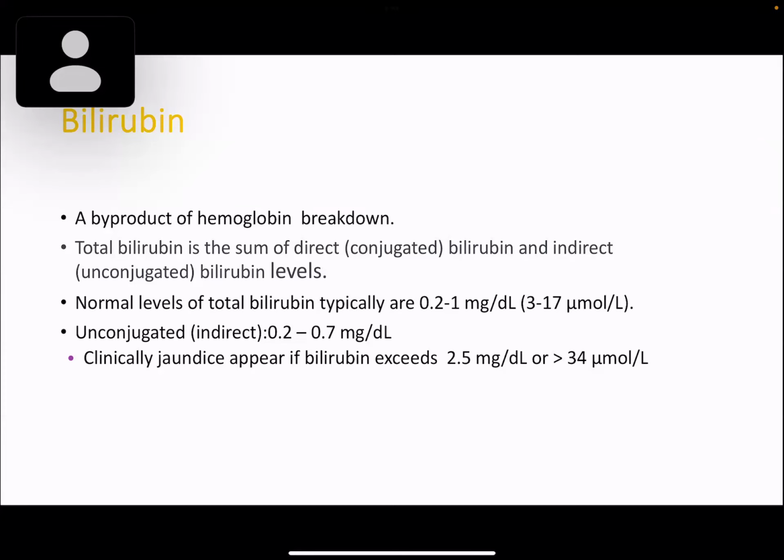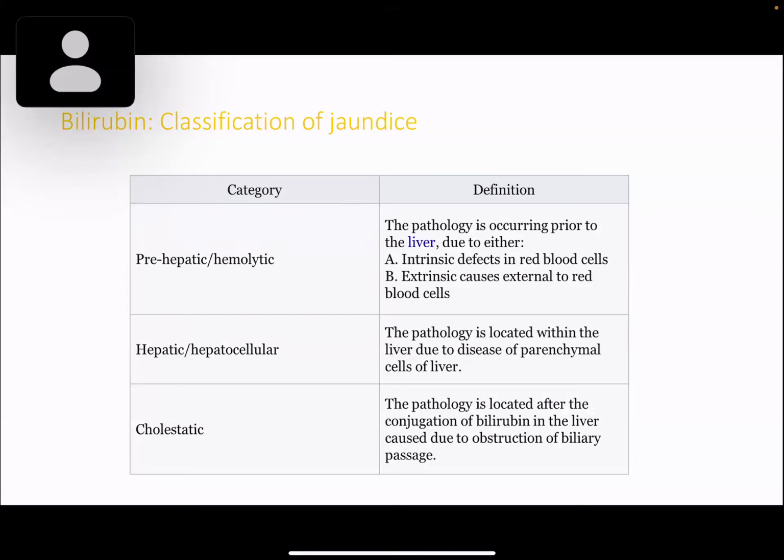In the normal situation, unconjugated bilirubin constitutes about 80% of the total bilirubin. Jaundice is expected to occur if bilirubin exceeds 2.5 milligrams per deciliter or 34 micromoles per liter. In such a situation, jaundice can appear clinically. According to the underlying cause, jaundice is classified into prehepatic, hepatic or hepatocellular, or cholestatic.